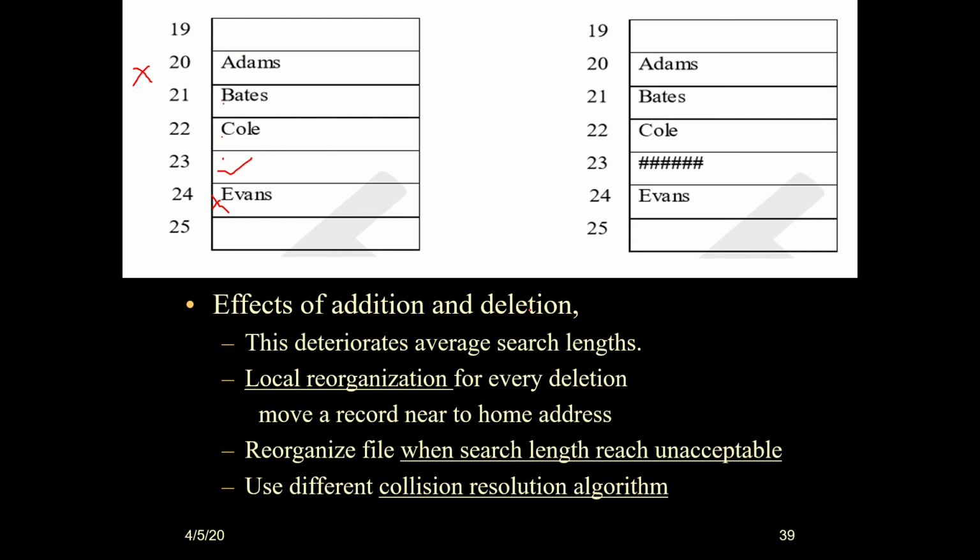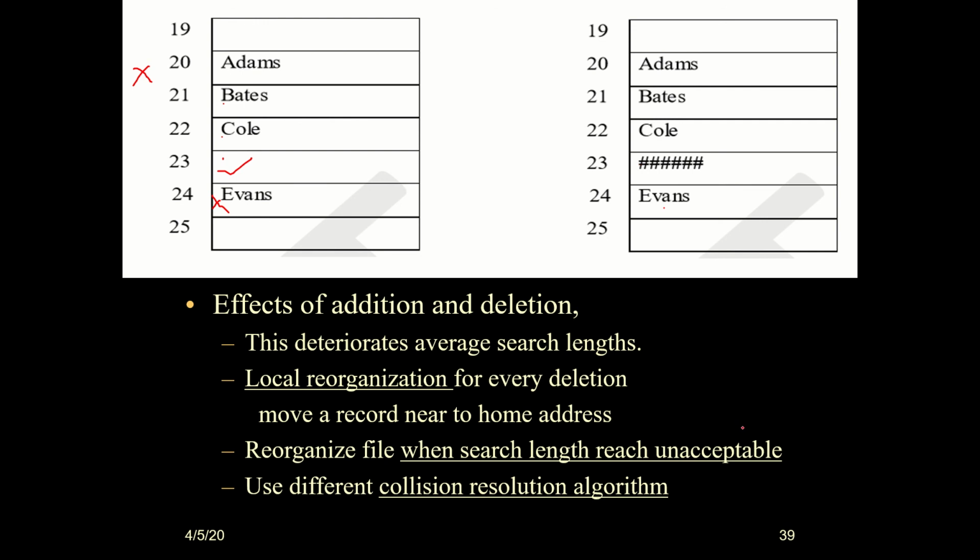Now when you do addition and deletion, what are the main things we need to keep in mind? The first thing is that whenever we do deletion, we need to do a little reorganization, because empty spaces can be left behind. You can sometimes move the lower ones up towards the home address so that the search can be improved.